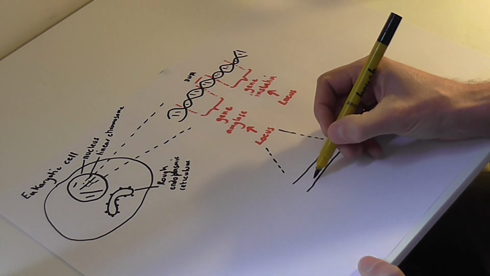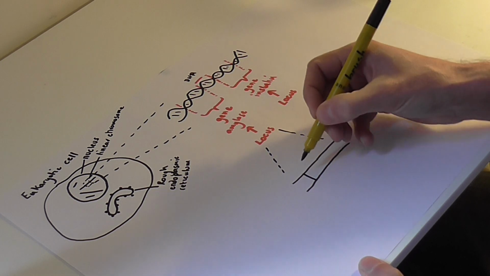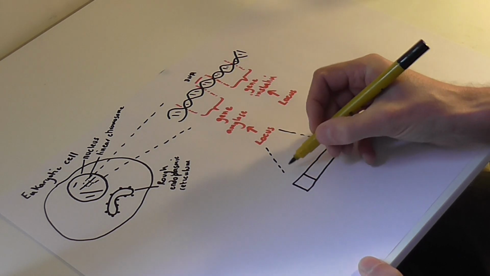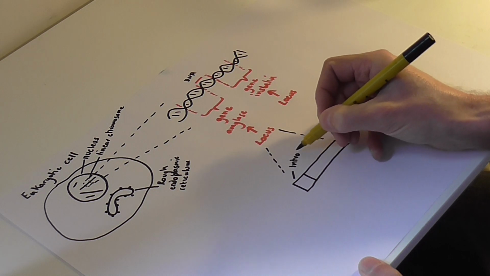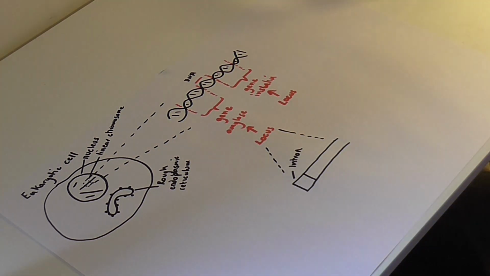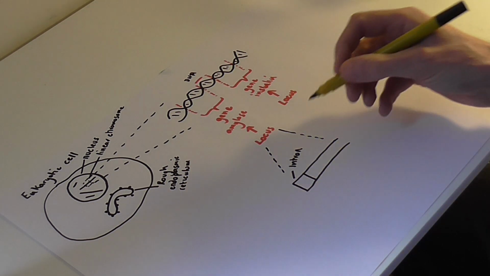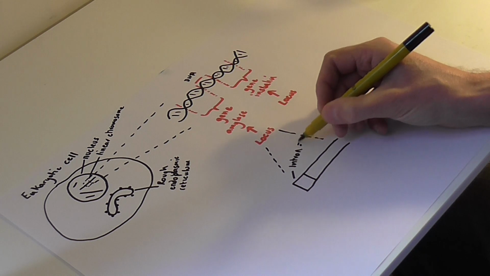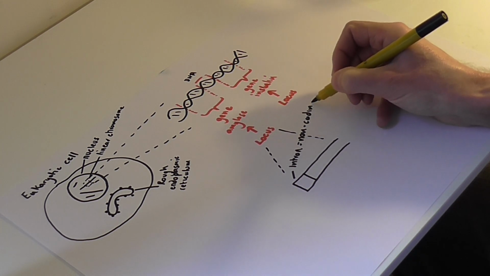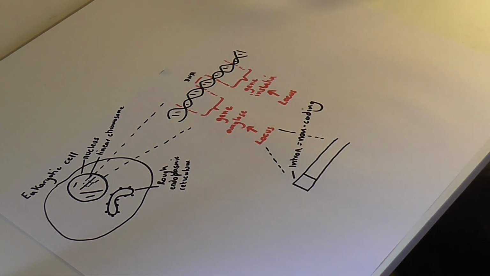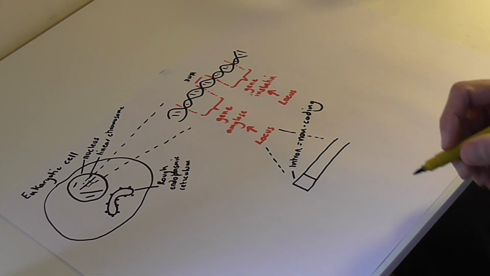So the regions of non-coding DNA are called introns. So an intron is non-coding. Make that clear again.